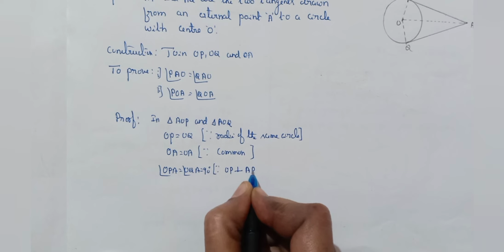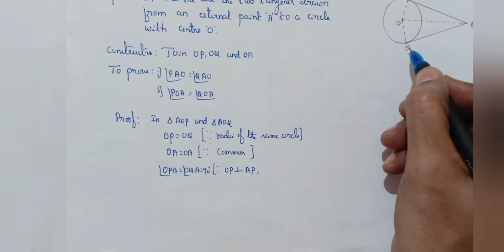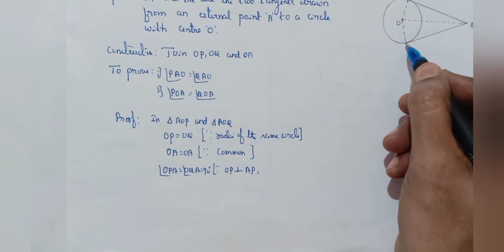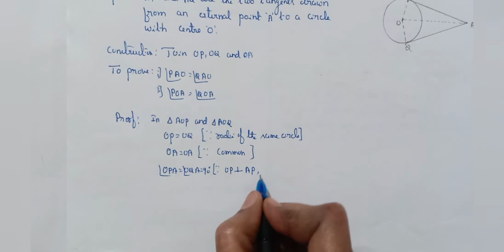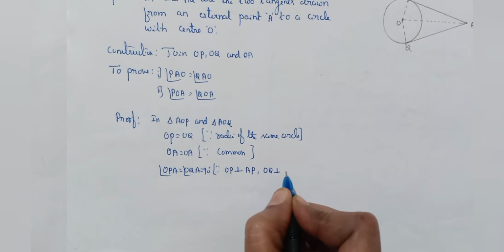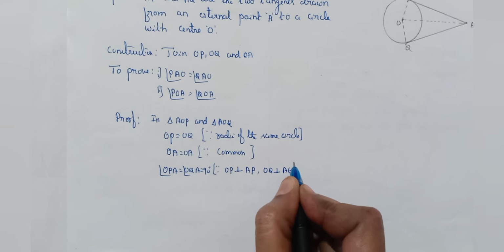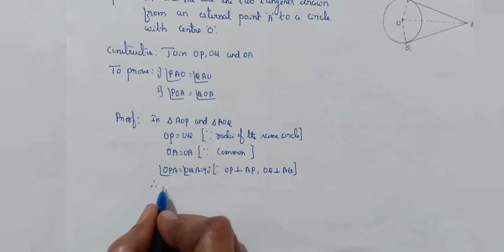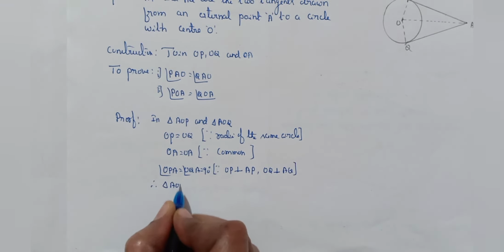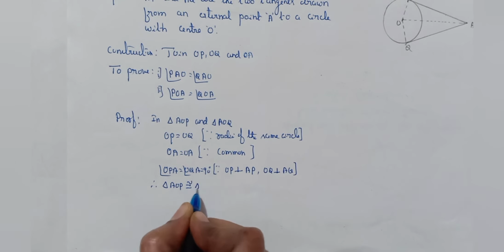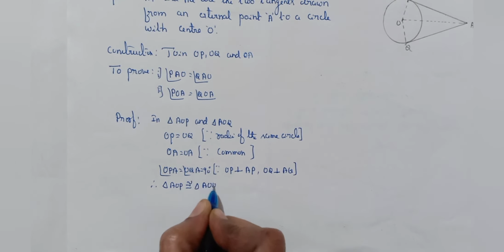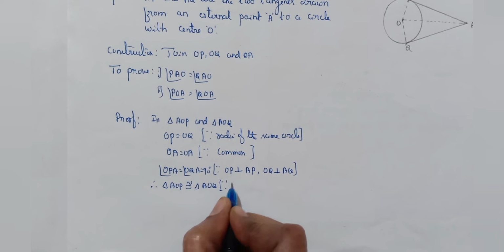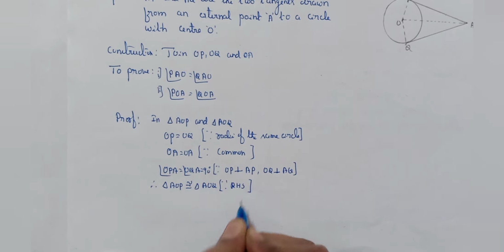And OQ is the radius drawn through the point of contact Q, so OQ is perpendicular to AQ. Therefore, triangle AOP is congruent to triangle AOQ by RHS congruency.